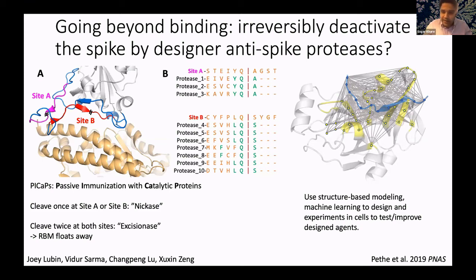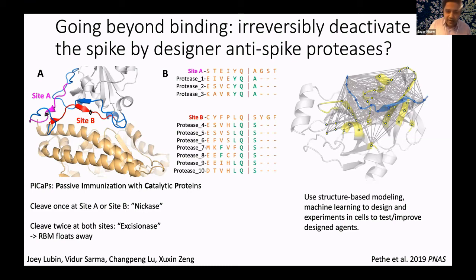And the particular catalytic proteins that we're interested in developing are proteases, or site-selective proteases that we are programming to recognize very particular sites. So for example, sites that we know are intimately involved in binding the ACE2 receptor, and develop nickase as well as exogenase versions of these catalytic proteins.